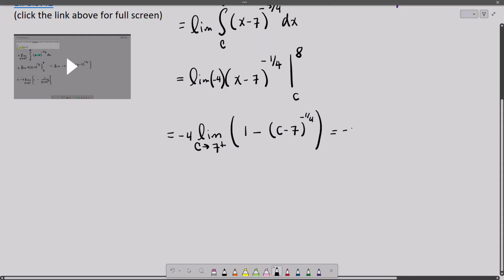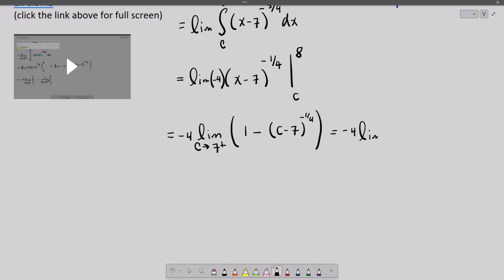And I'm going to rewrite it one more time, because evaluating limits with negative exponents can be problematic. So it's often easier to see the limit if you write it with positive exponents. So we have that.